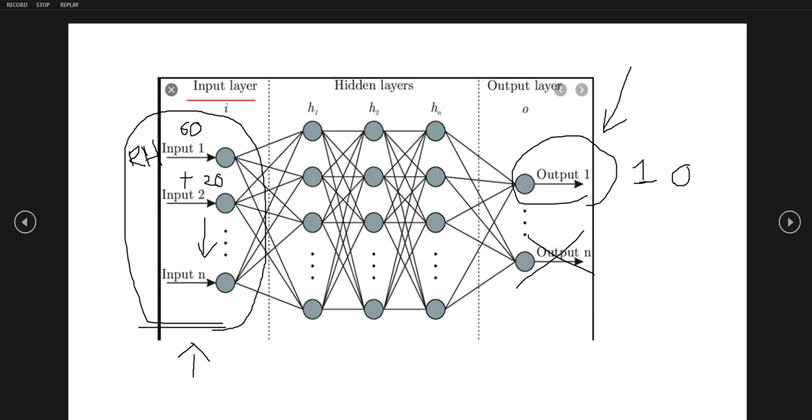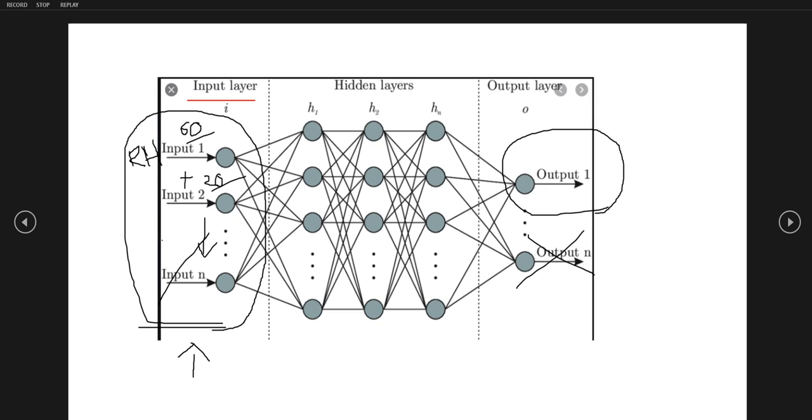So now you have the thing in between. This is the technical thing, and this is the beauty of the neural network, and I'll tell you what happens. Let's keep going with the temperature, the weather, right? So the output 1, let's put it this way. If output is 1, and it means will it rain tomorrow, you're asking a question about weather, and you input relative humidity 60 and temperature 20, and you don't use any more inputs.